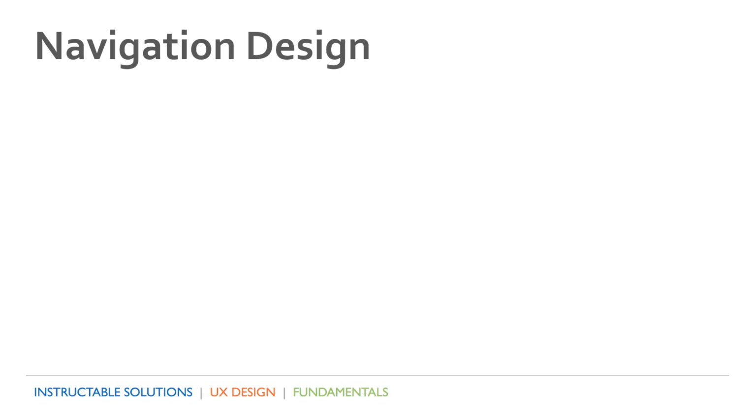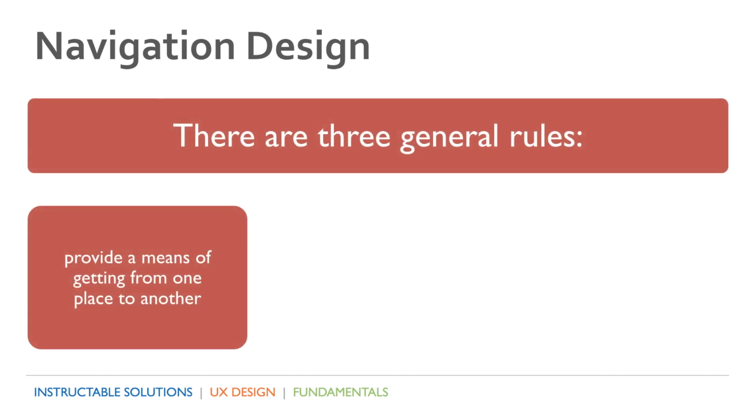In navigation design, there are 3 general rules. The first is that your navigation needs to provide a means of getting from one place to another. That should seem pretty simple. Any navigation structure in the real world provides ways and means of getting from one place to another, whether it be a sign on a telephone pole or a map in your hand or on your phone.